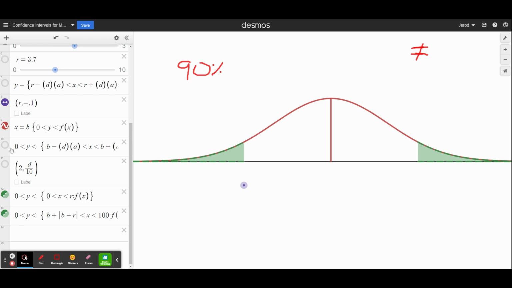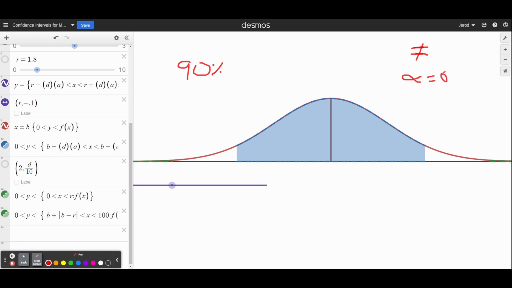Well, let's put these two together now. Let's say I had this 90% here, and I create my confidence interval within that 90%. Well, you'll notice that if this is 90%, these two green tails would have to add up to 10%. So let's say our test that we're running has an alpha of 10% or 0.1.